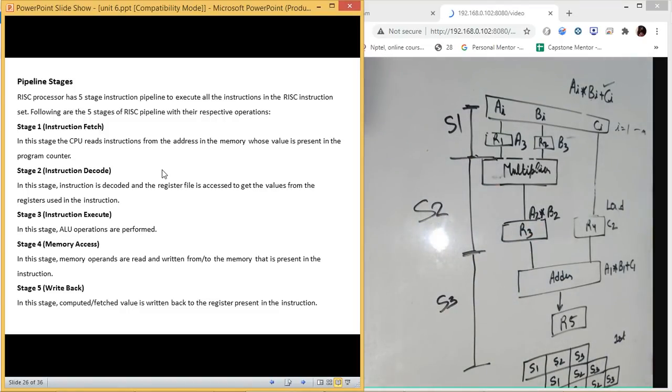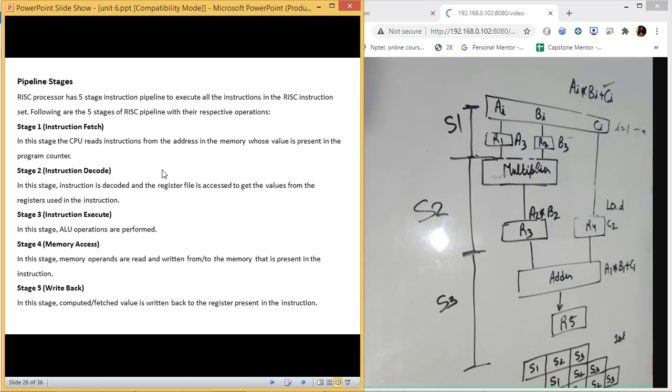Why are there five? Because when we execute an instruction, there are steps like fetch, decode, execute, access the memory, and write back. So there are different types of stages which we might have inside an instruction execution.